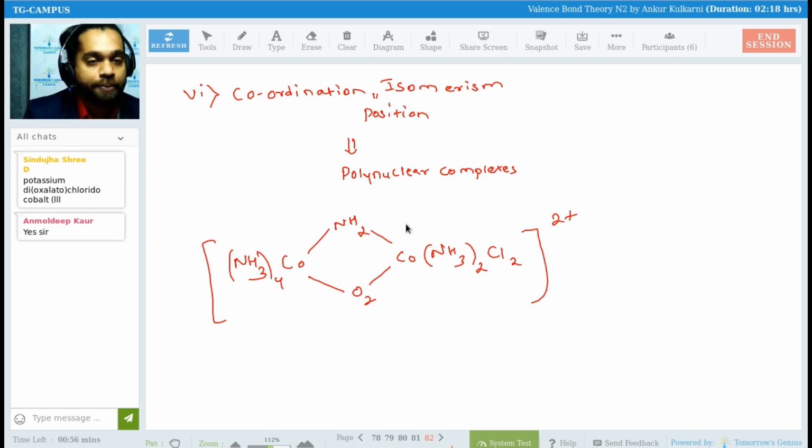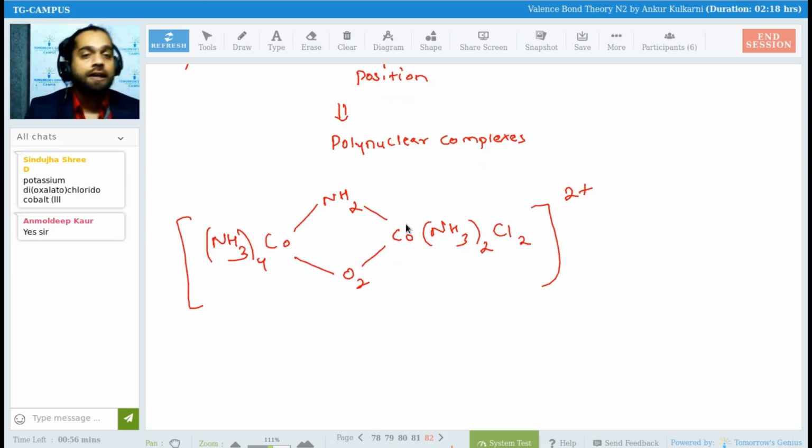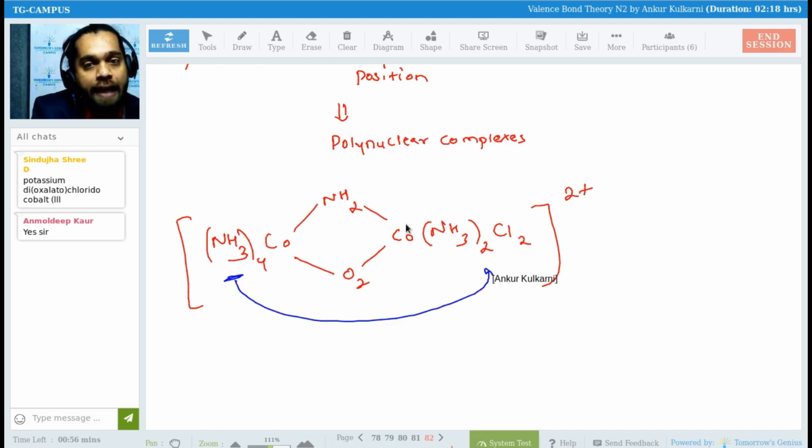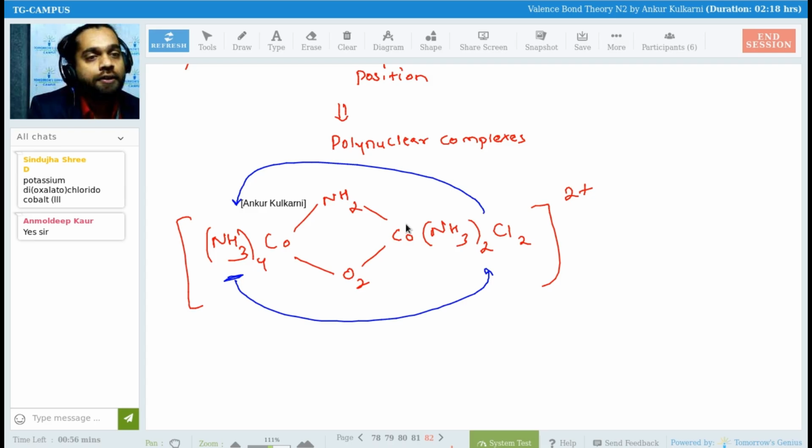Now, in the coordination isomerism, in your polynuclear complex, the ligand will change the nuclear position. What is the meaning of that? One of the ligands will jump from over here and come over here. One of the ligands will go over there, the other ligand will come over here, because cobalt coordination number is 6, that is not going to change. So let us say ammonia from this is exchanged with the chloride over there.